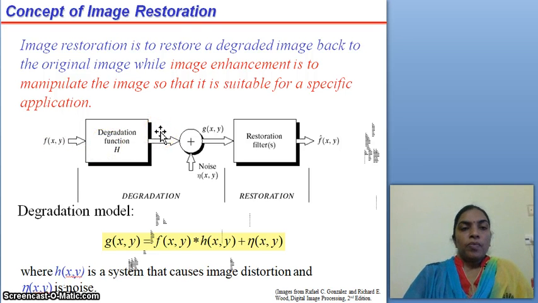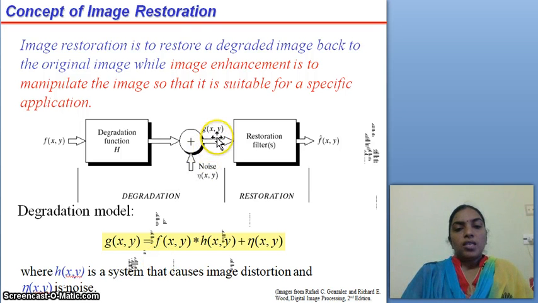So in the spatial domain, the output is f of x comma y convolved with h of x comma y, added to the noise function n of x comma y. So the degraded image g of x comma y is f of x comma y convolved with h of x comma y plus n of x comma y.